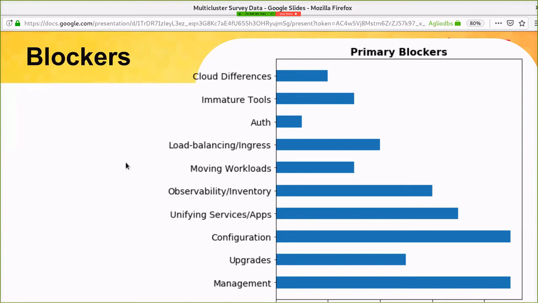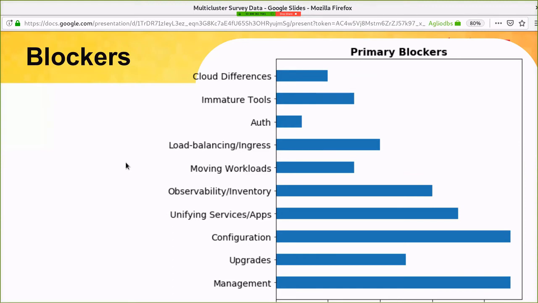Do understand that this is me looking at everybody's hand-typed responses and trying to come up with what are the main blockers that they're running into, as opposed to them checking checkboxes. I don't know if that makes it more or less valid. Anyway, part of this is you may be getting a little of my interpretation here.